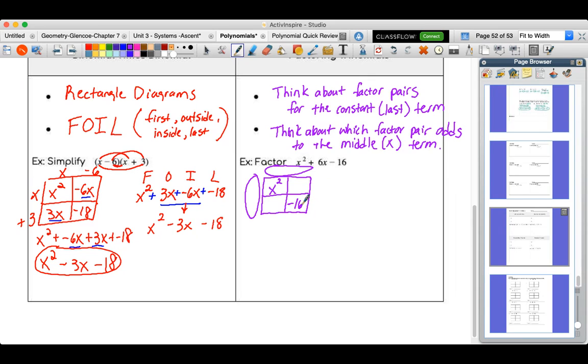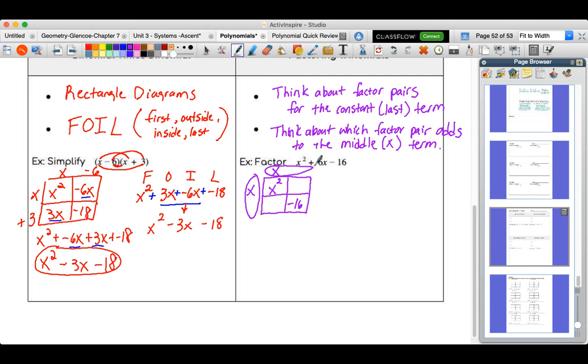So the harder part then is to figure out what goes in these two boxes. We know on the outside we're going to have x times x to get x squared. So our other two numbers have to multiply to negative 16, but they also have to give us these two terms that sum up to positive 6.